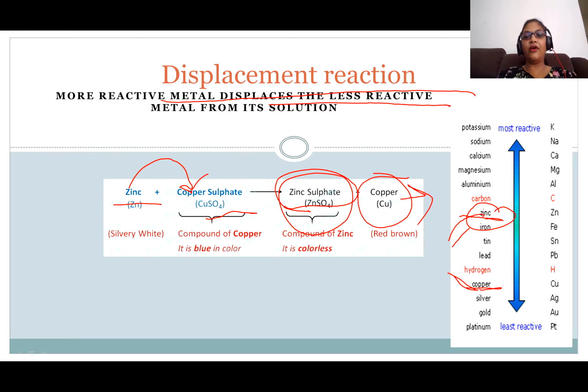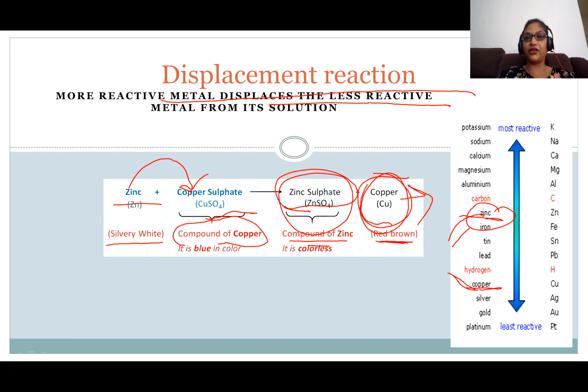So when you have to write down the observation, yes, the reaction will take place. Zinc metal is silvery white, and copper sulfate is a blue solution. If you are carrying out this reaction in the lab, the solution will turn into zinc sulfate, which is colorless, and at the bottom of the test tube or the beaker, red brown copper metal will be formed.